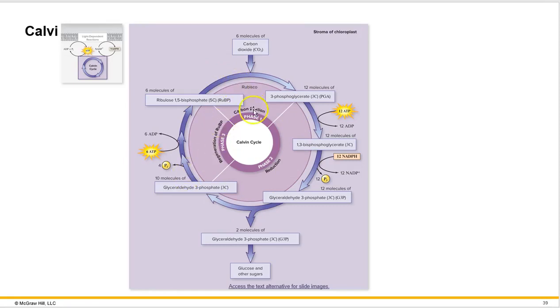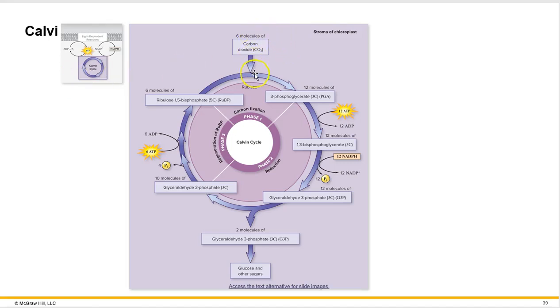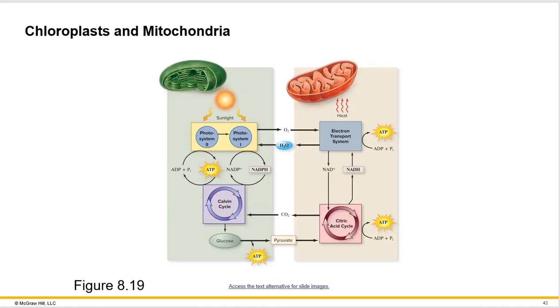So I want you to take some time and look at this phase 1, 2, and 3. That's something you can kind of read on your own and read about what happens in phases 1, 2, and 3. But overall, carbon dioxide goes in. If you can spin the wheel, you can get G3P out.